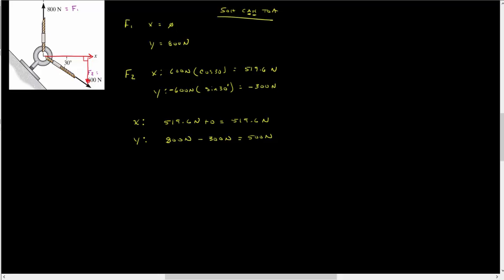So if I draw out my force resultant here, it's going to be going 519.6 in the x and then 500 in the y, so it's going to be somewhere here if I graphed it. So that's FR.